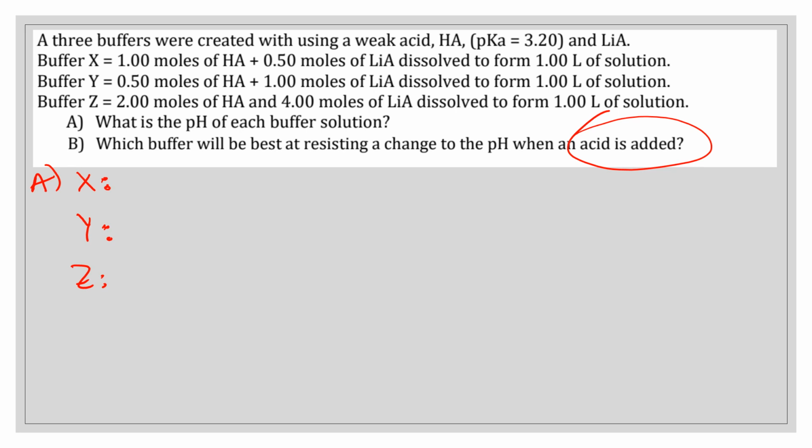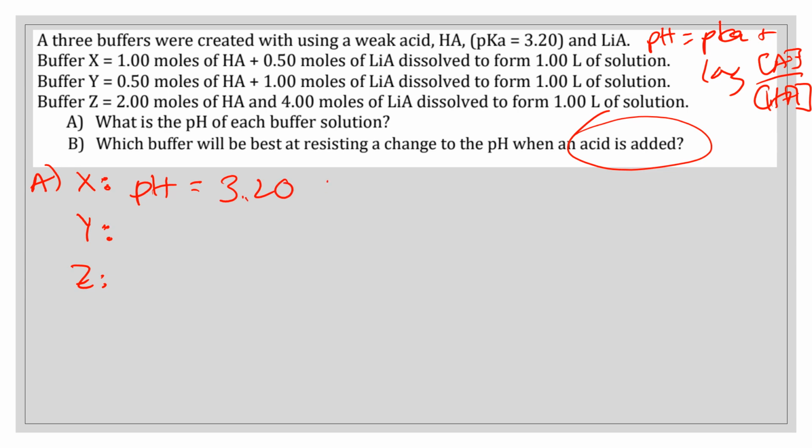So remember that the pH equals pKa plus the log of the conjugate base over the acid. So pH equals the pKa 3.20 plus the log of the concentration. So we have, this tells us it's all 1 liter, so not that bad.